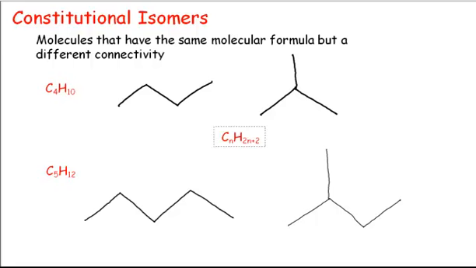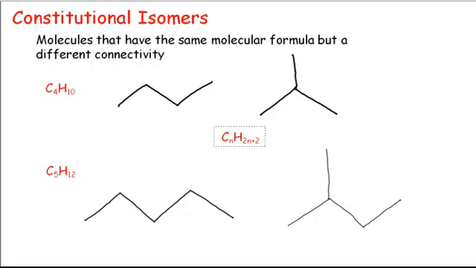And also I want to call your attention to the fact that they all fit the general formula CnH2n+2, where n is the number of carbon atoms. All right, so n can be any integer. And if you put 4 into this equation, your 2n+2 is going to add up to 10, so that's our C4H10.